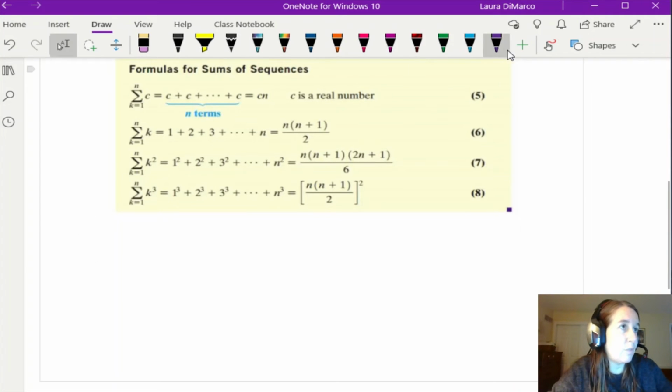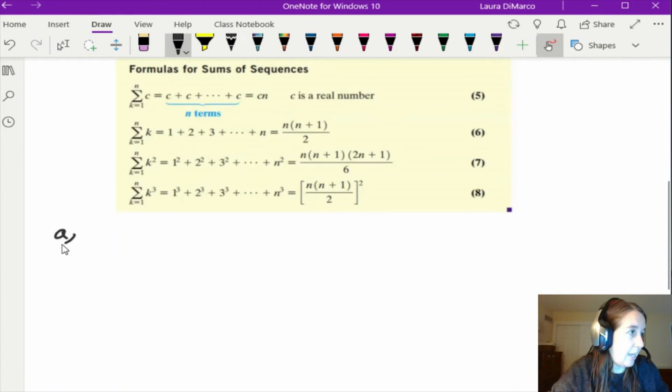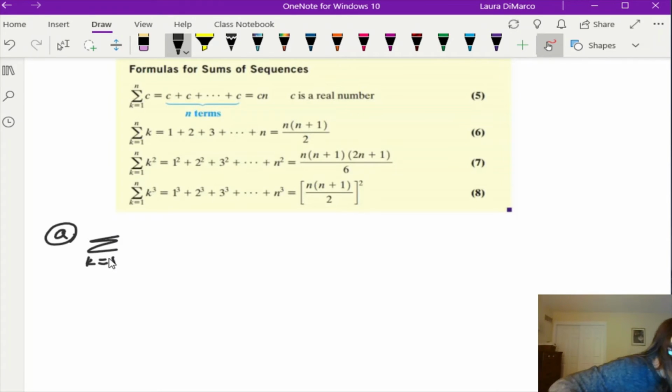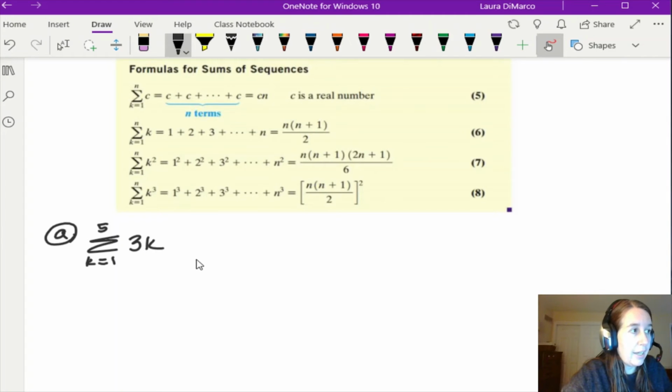Okay, so first problem, let's find the sum from k equals 1 to 5 of 3k.